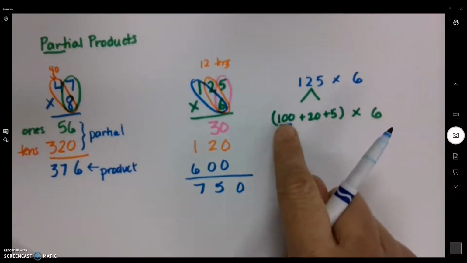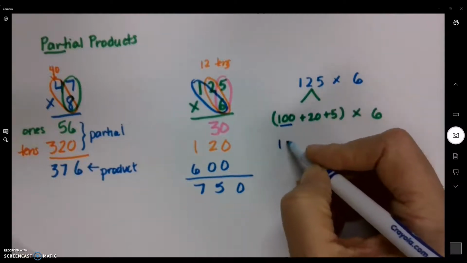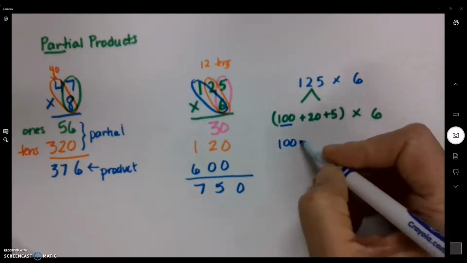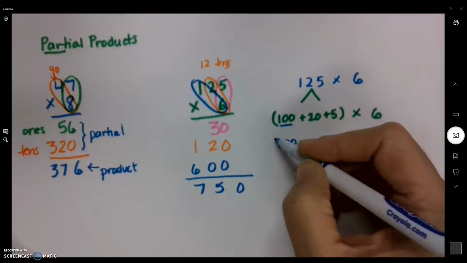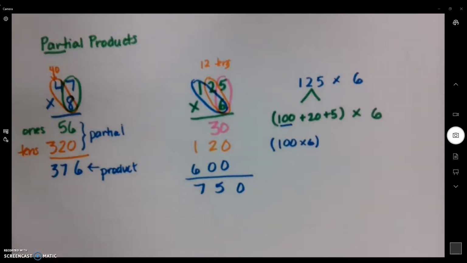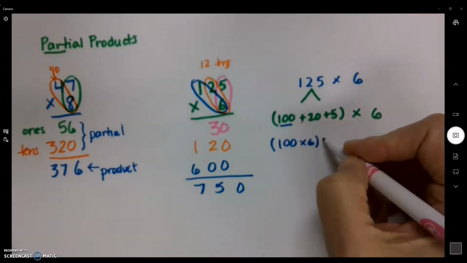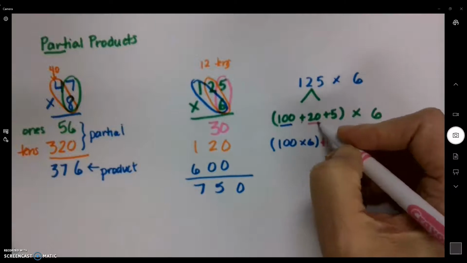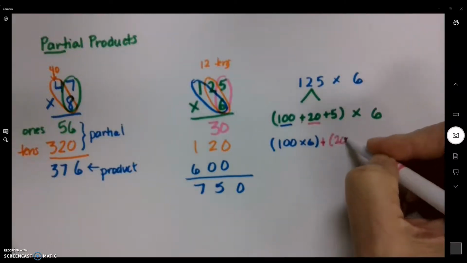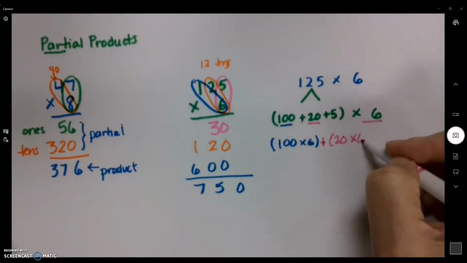So the first one I'm going to pull out is the 100. I'm going to rewrite it 100 times 6. I underline them as I do this so that I don't forget that I have to use all of them. And that addition sign tells me I'm adding. And now I'll pull the 20. It's always going to be times 6.